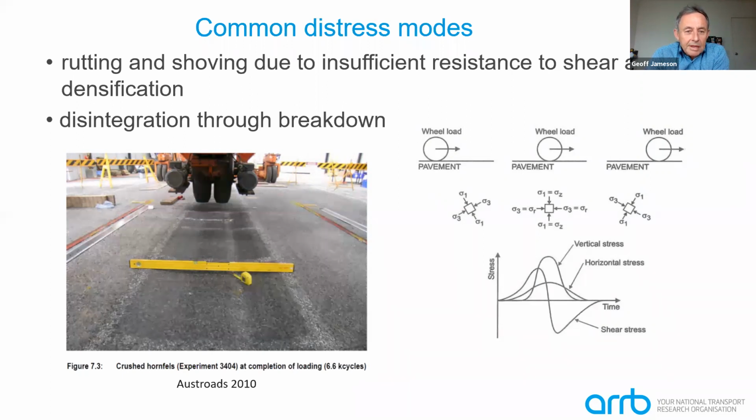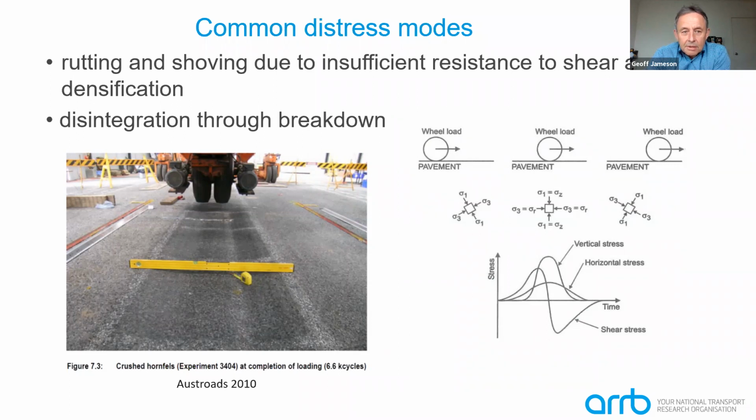The other way you could get rutting is if the granular materials degrade in situ. It might be a chemical degradation with time due to a poor quality aggregate, and you get a breakdown of material. So there are some of the distress modes that you would see in terms of granular materials.